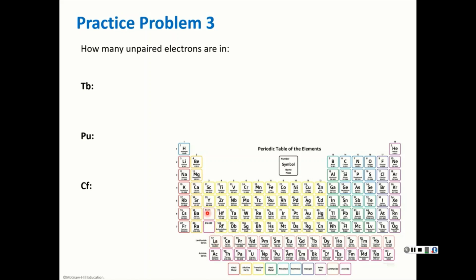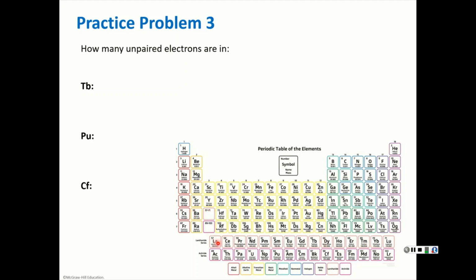Some of them show La and Ac, lanthanum and actinium, still up here, and then they start the lanthanides and actinides with Ce and Th. That's a little bit hard because counting the number of f electrons gets confusing, since you have to start up here and then move down.